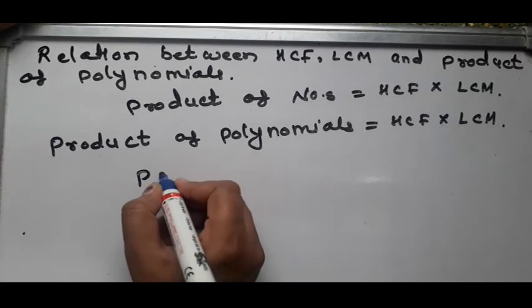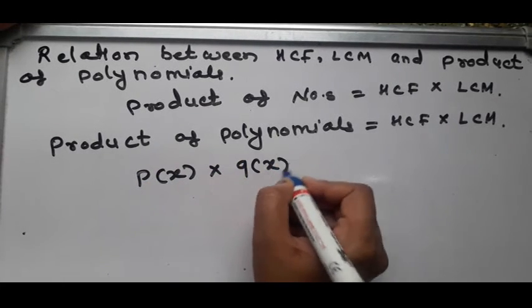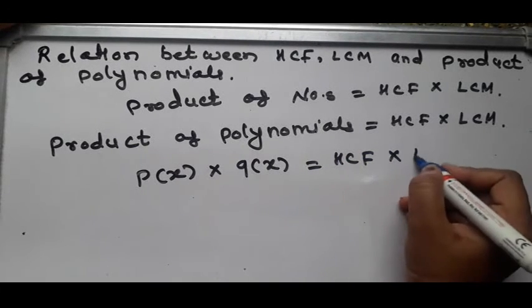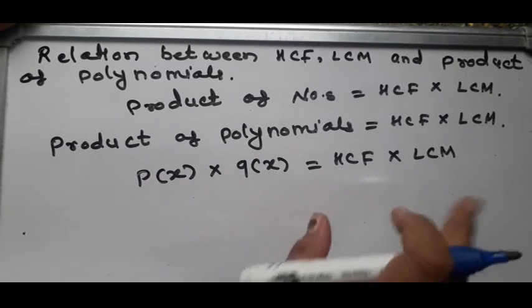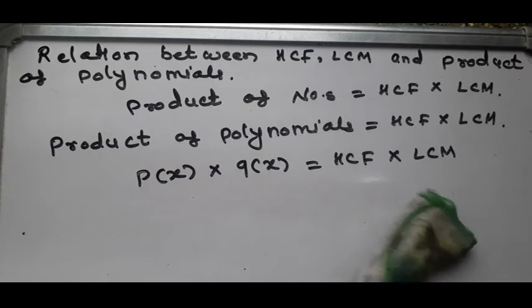Means if one polynomial is P of x and another polynomial is Q of x, then their multiplication will be equal to the HCF of P of x and Q of x multiplied by the LCM of P of x and Q of x. We will verify it by considering a problem.